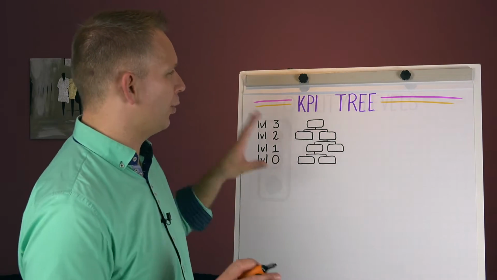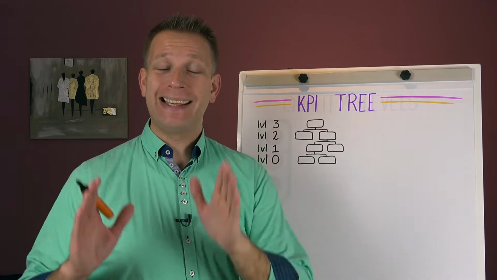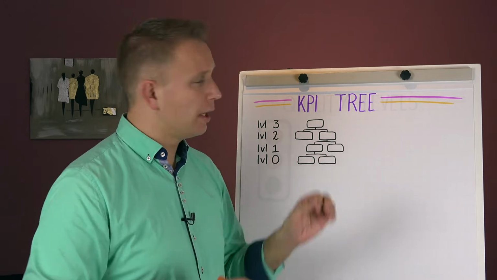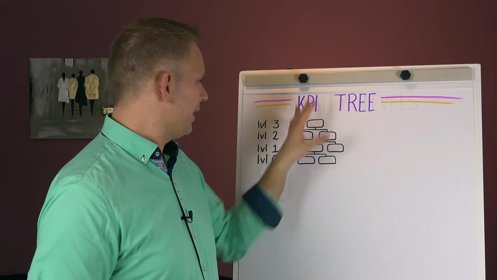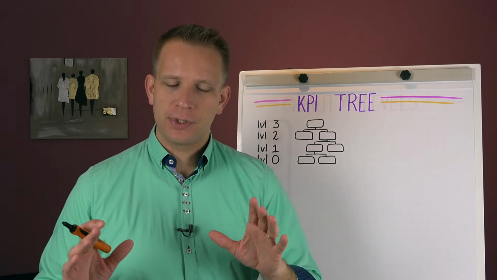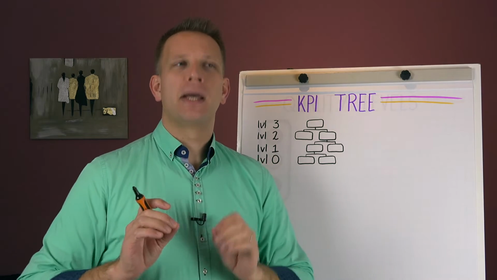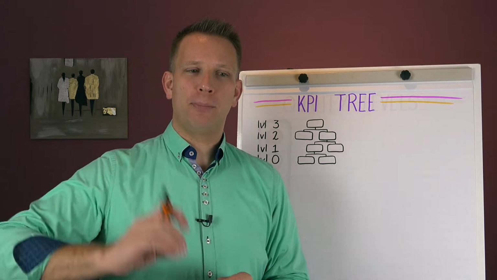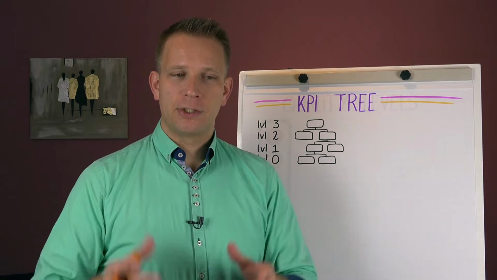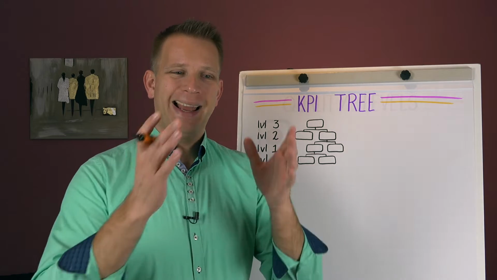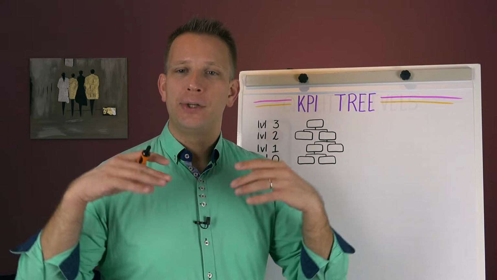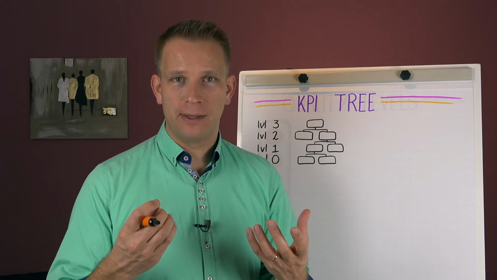Now, when we are talking about KPIs, so key performance indicators, we often jump immediately to a KPI tree with different levels, but the basis is that you start with something that is important to the company. So you've got your company goals, and that is translated into what type of performance you need. Right?